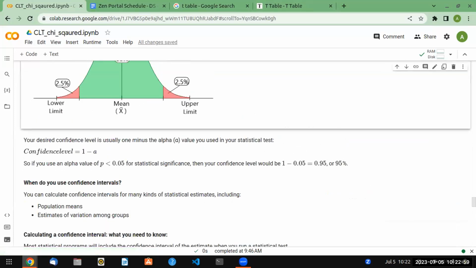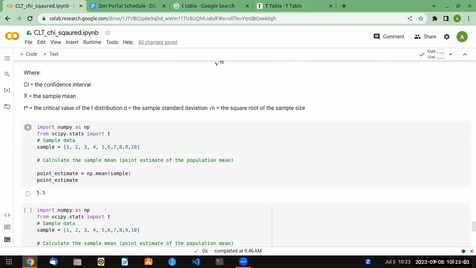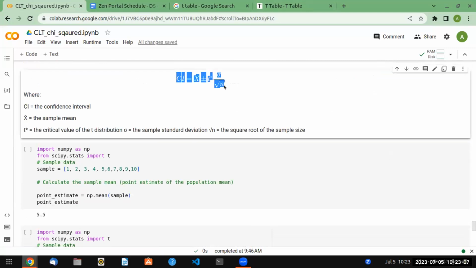Now how to calculate the CI, that means the confidence interval? To calculate the confidence interval, this is the formula. Very easy one. What is the confidence interval here? X bar is the mean of your sample, the sample mean that you took. T star is the critical value that you found from the T table.